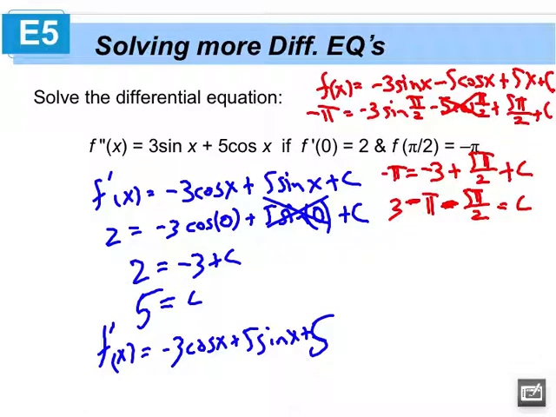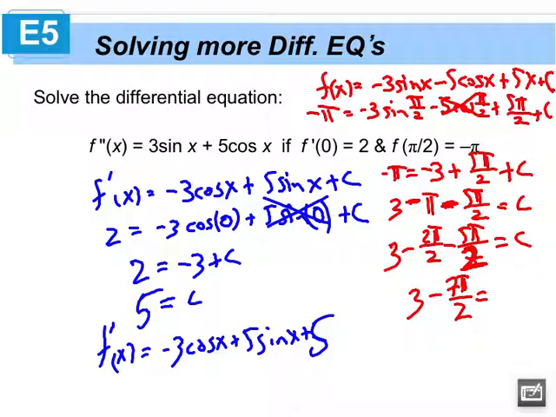So that would be 2 pi over 2, so 3 minus 2 pi over 2 minus 5 pi over 2 would be 3 minus 7 pi over 2 for c. Did I do that right? Yeah.